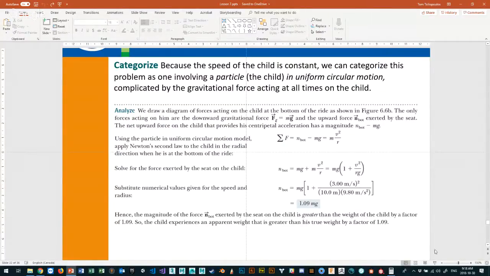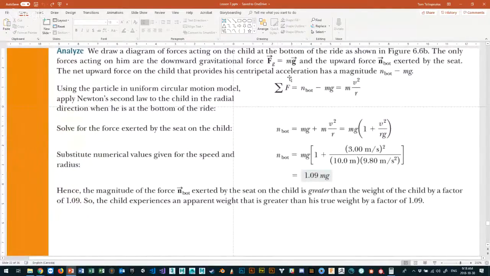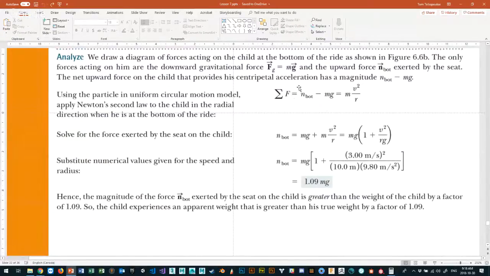In this case, using the formula we're given above, the sum of all forces here is the normal force at the bottom minus mass times gravity, which is equal to mass times acceleration. Remember, again, force is equal to mass times acceleration, v squared over r. So this equation holds true.